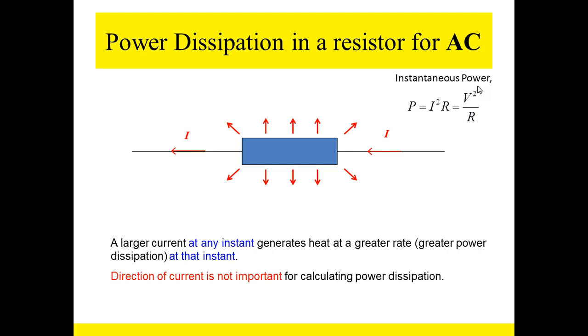The size of the arrows for the power dissipated, notice that they are the same as the first example of the current going from left to right. This means that the direction of current is not important for the calculation of power dissipation. To illustrate, a current of 1 ampere and a current of -1 ampere moving in the opposite direction will both produce the same amount of power for a resistor.